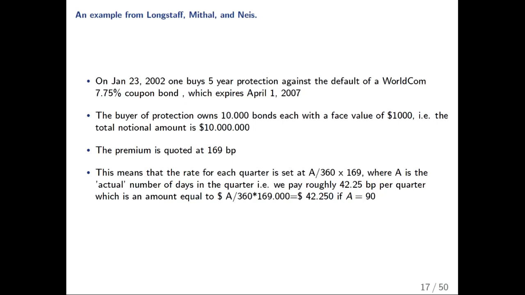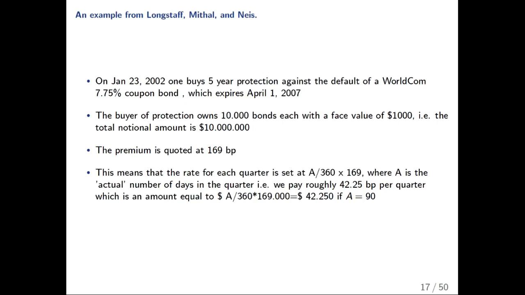On January 21st, one could have bought 5-year CDS protection against WorldCom, who were trading with a coupon of 7.75% with a 5-year expiry. There was a bond which expired on April 1st, 2007. So one could have bought protection in 2002 against this bond, which was trading at 7.75%.